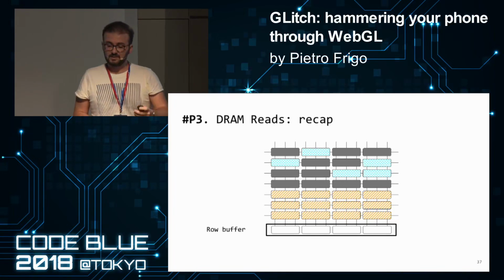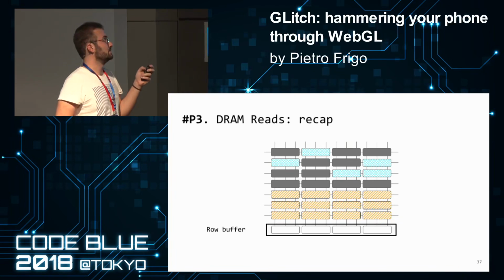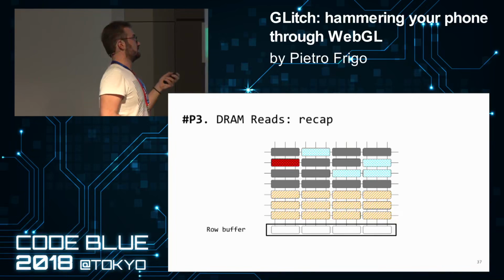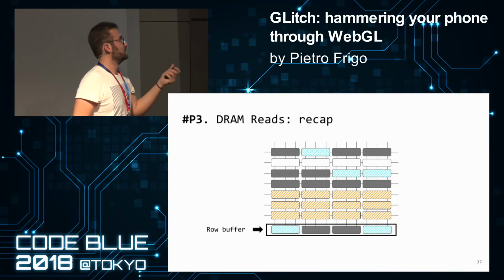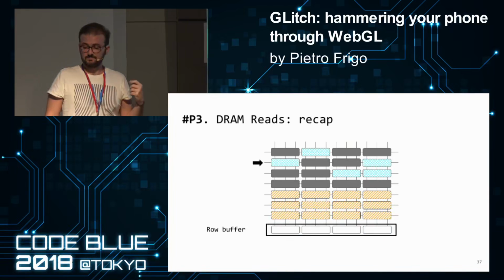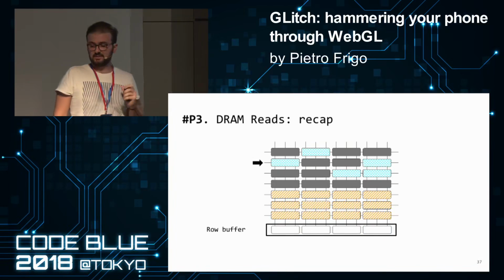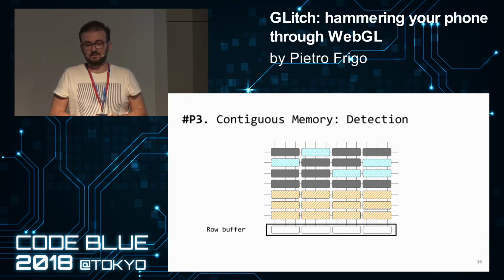So a bit of a recap. We said that when you want to read from DRAM, what you need to do is you activate the row, you bring it to the row buffer, and then you can read from there. And then you send it back. So the trick here to detect contiguous memory is to touch different pages that you allocated contiguously.